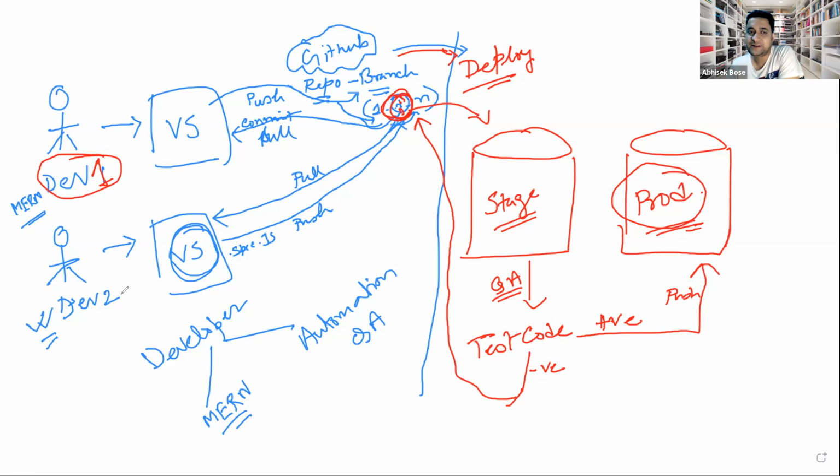Or else you are saying to developer one, no, your code is not working, it failed at the time of automation testing, so you need to check your code again. So they are checking their code again, uploading over here, pushing to the stage server, and asking you to check again, correct?